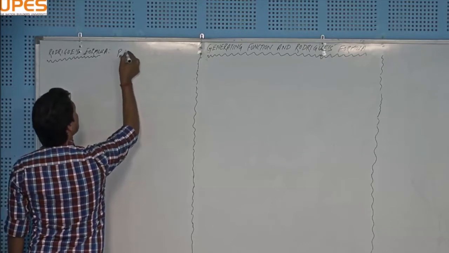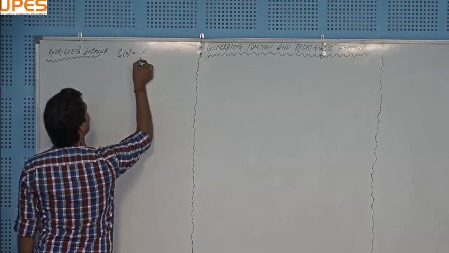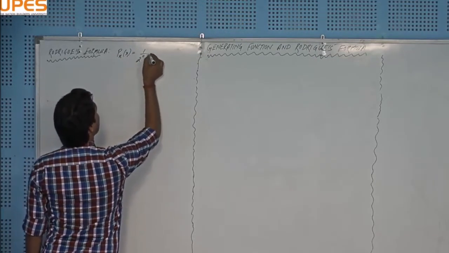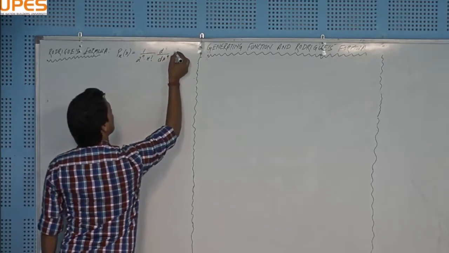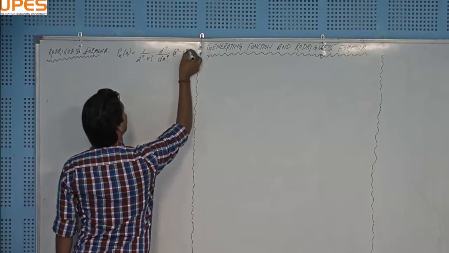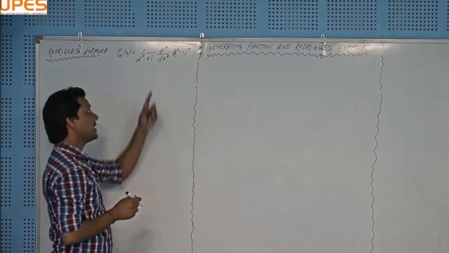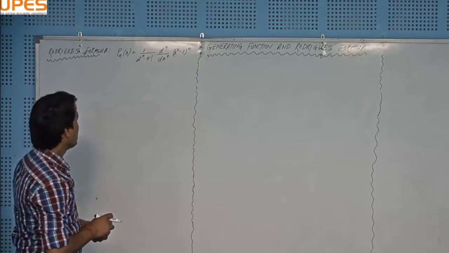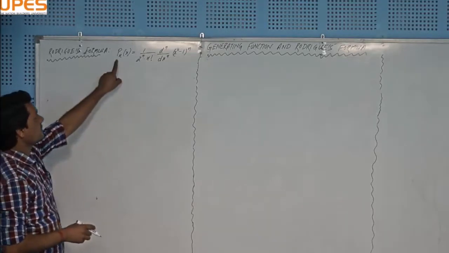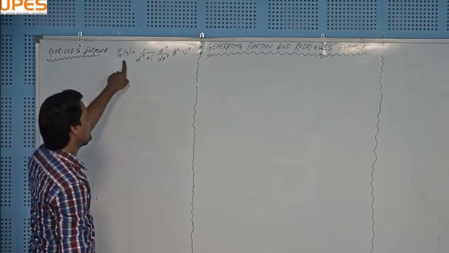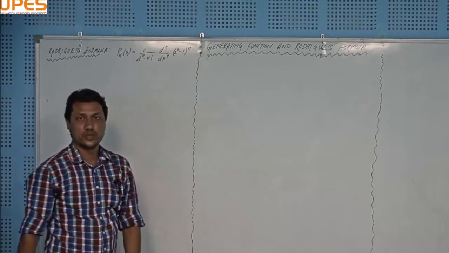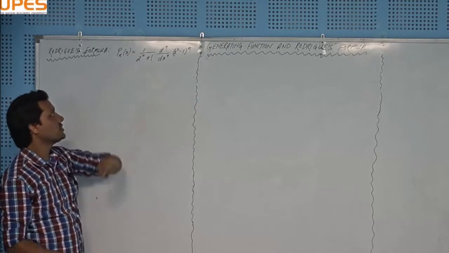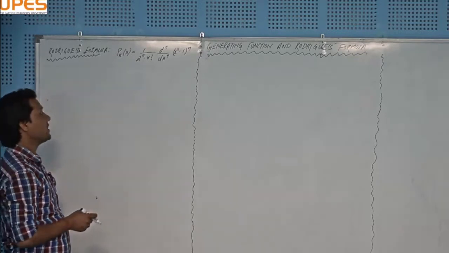So the Rodrigues formula is Pnx is equal to 1 upon 2 to the power n factorial, and d^n/dx^n of x square minus 1 to the power n, right, where d by dx is the derivative. So it states that the Legendre polynomial can be obtained from this formula, right? Nth derivative of this x square minus 1 to the power n, and then multiply with this coefficient, it gives Pnx, right?